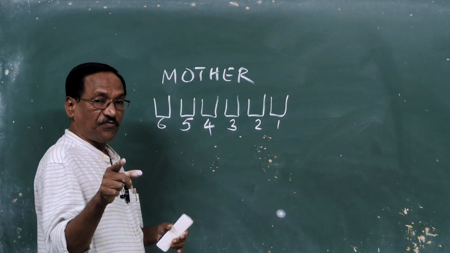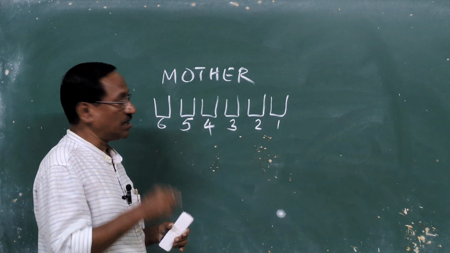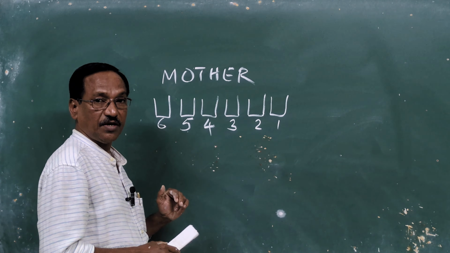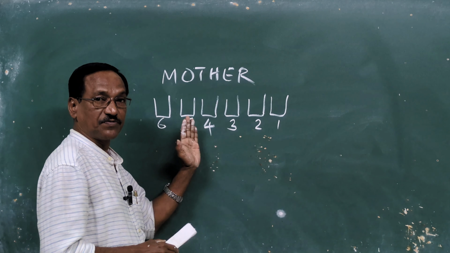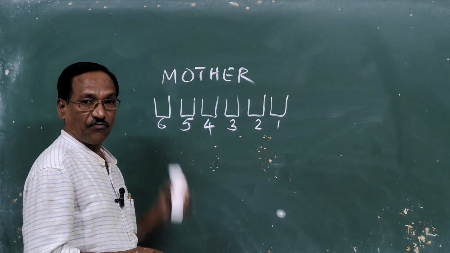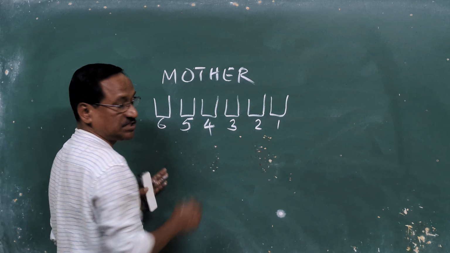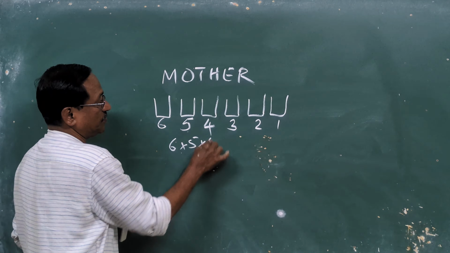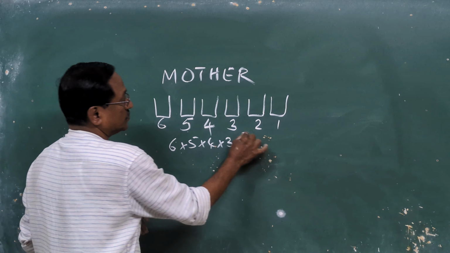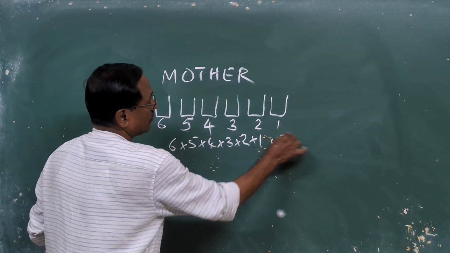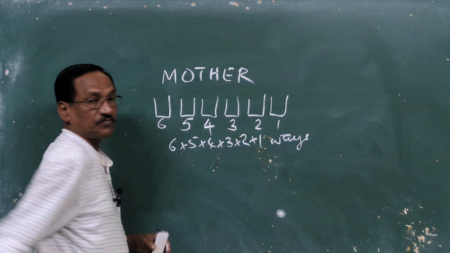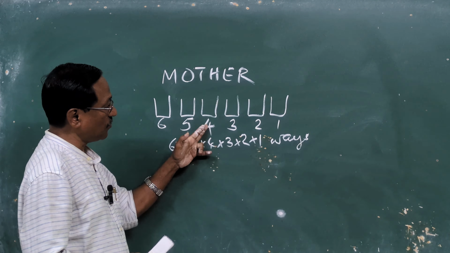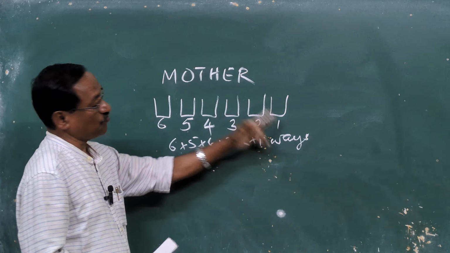Then if we apply the fundamental principle of counting successively, we can see that all these can be done in 6 into 5 into 4 into 3 into 2 into 1 ways. This can be done in 6 ways, this 5, this 4, this 3, 2, 1.